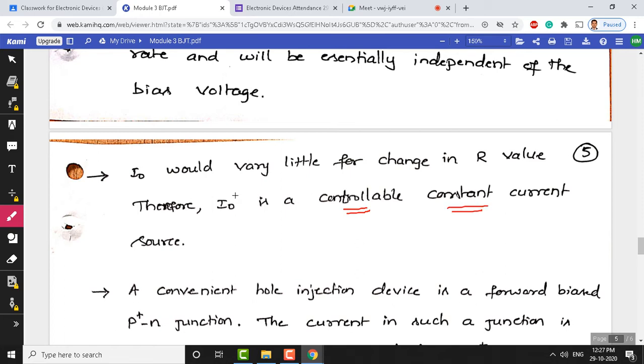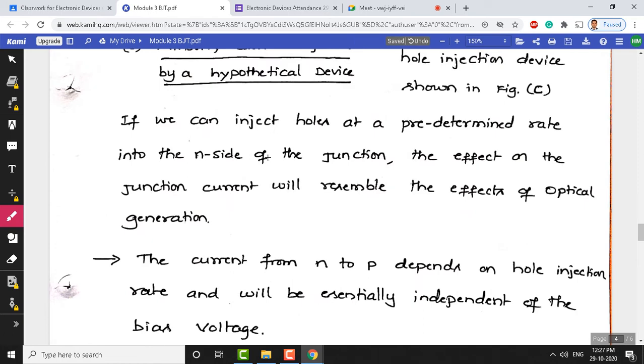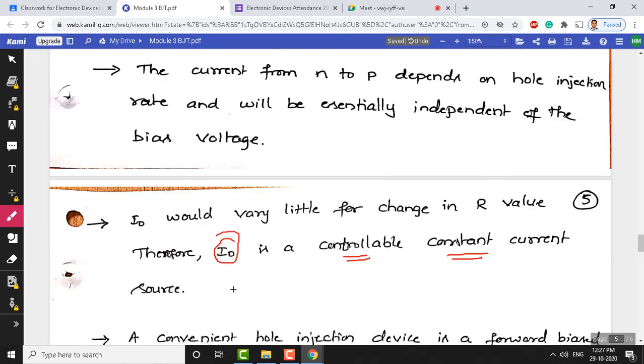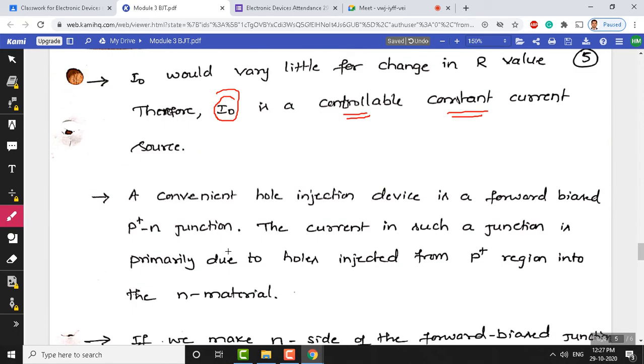You can control that with the help of hole injection in the case of this hypothetical device, and the same I naught can be controlled with photons in the case of the optical device. Now, in place of the hole injector we can have a convenient hole injection device.